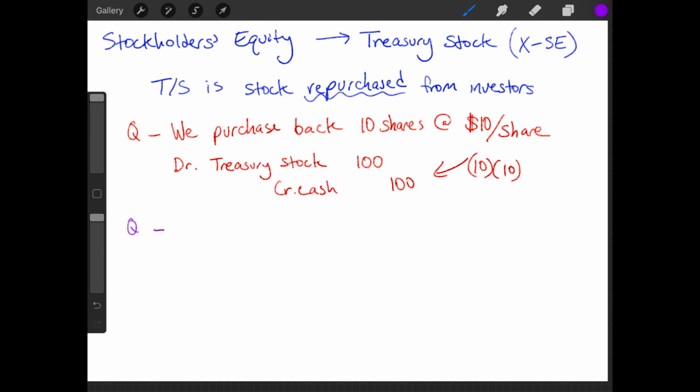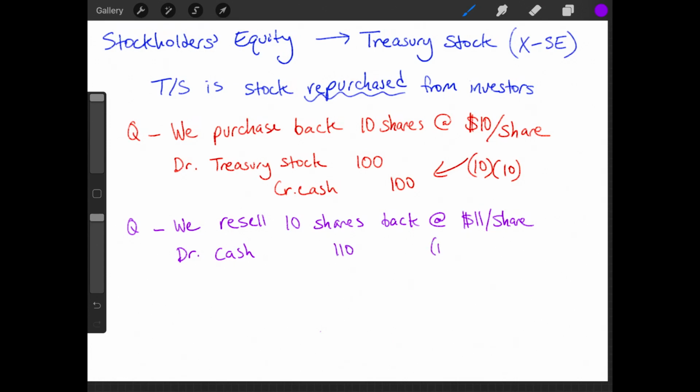So now let's go back and look at what the resale of these treasury stocks would actually look like. Let's say that we're going to resell 10 shares back to either the same investors or new investors, what have you. Let's say we're selling them back at $11 a share. So if we're selling them at 11, that's going to be greater than that initial repurchase of 10. And what we're going to want to do here is, of course, debit cash by the amount of cash we receive.